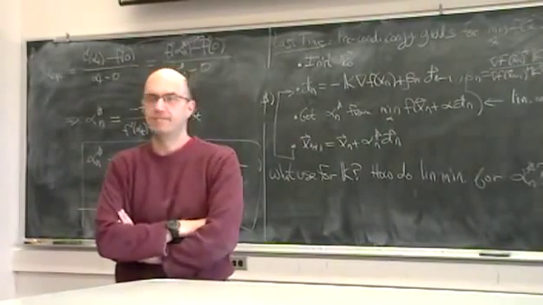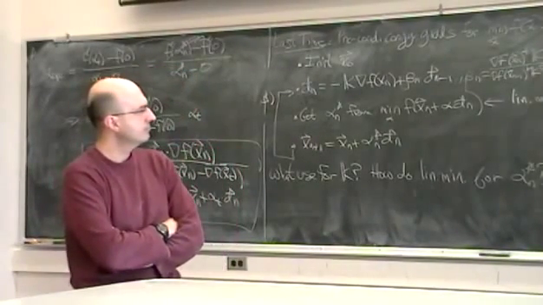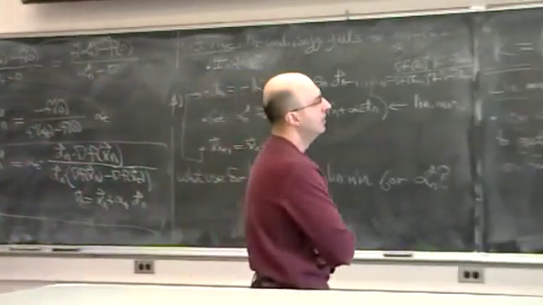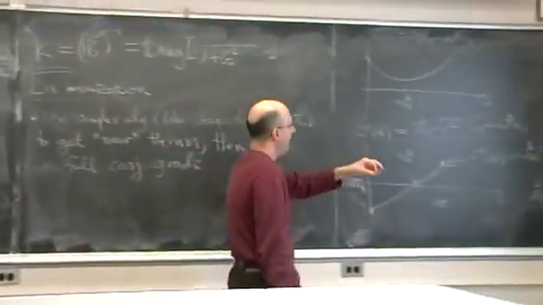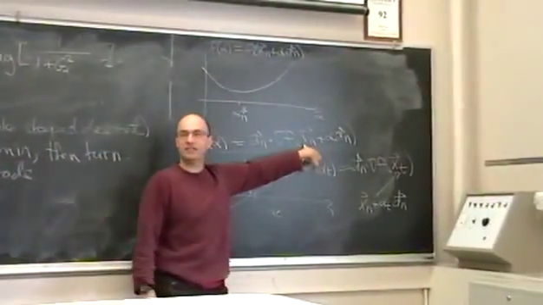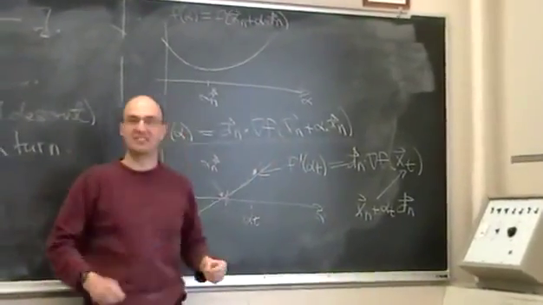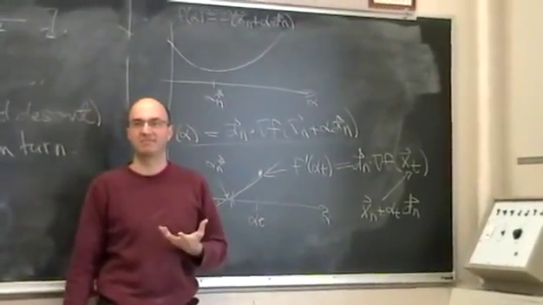Yes? Also, this will work only if alpha equal to 0 lies in the quadratic region. You're saying if xn is not in the quadratic region, this isn't going to work? Yeah, I agree. So we want to make sure we get down into the quadratic region.